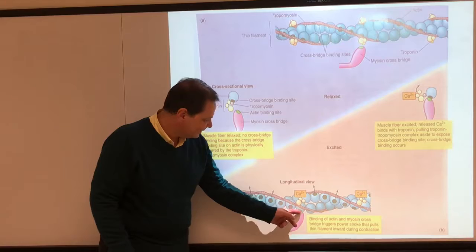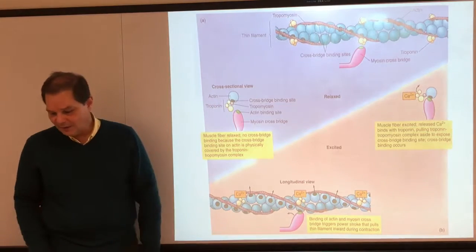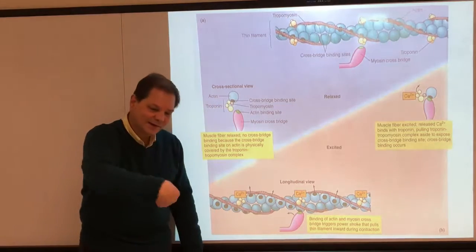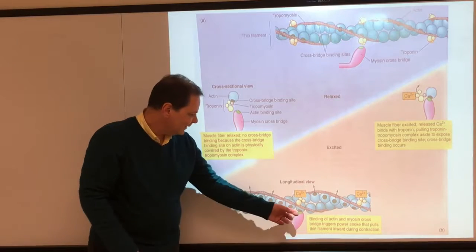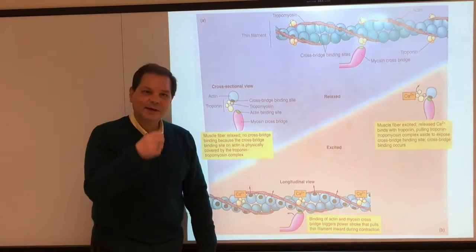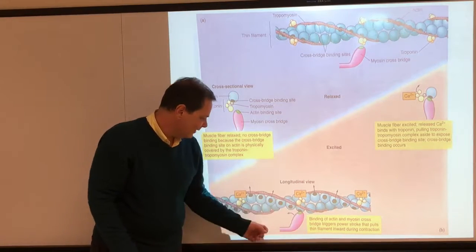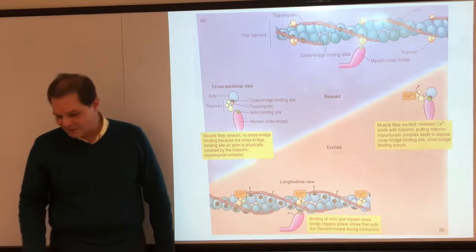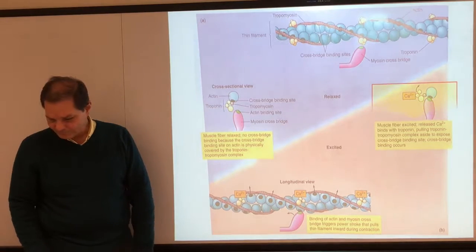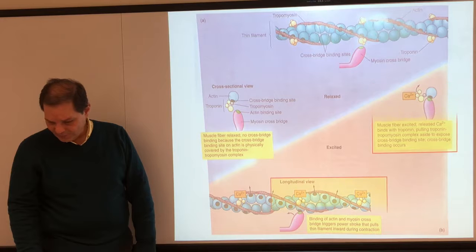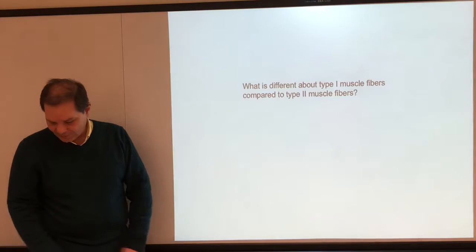Now myosin can bind, and you get contraction as the myosin head bends and you get a power stroke. The actin slides that way, the myosin slides that way, and you get contraction. There's our binding.